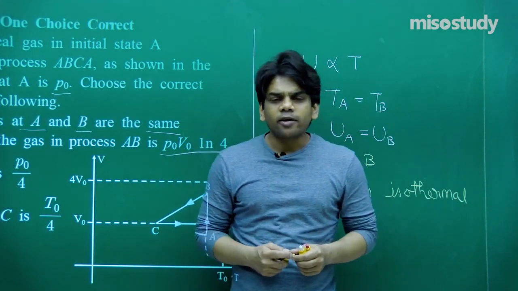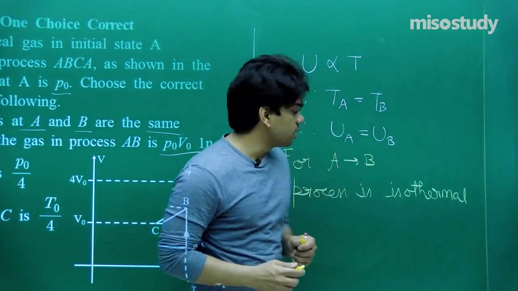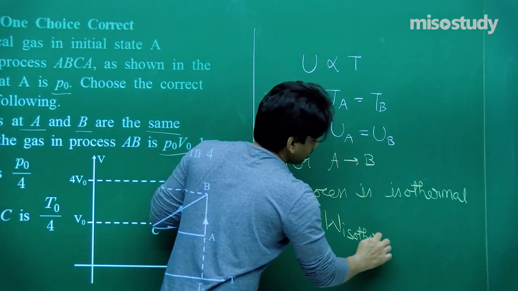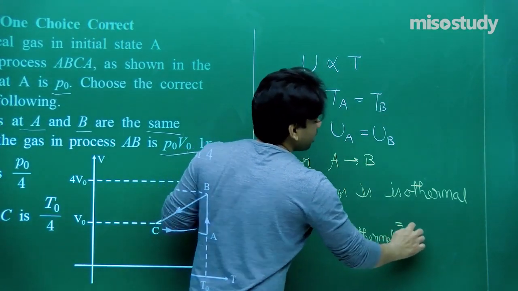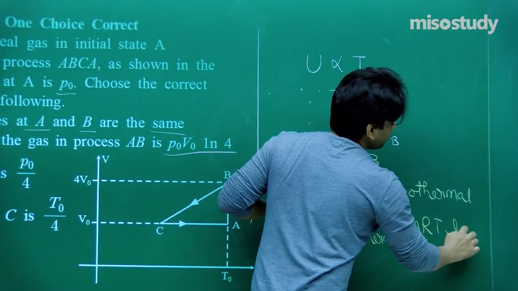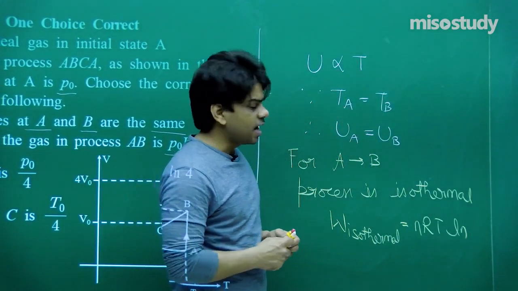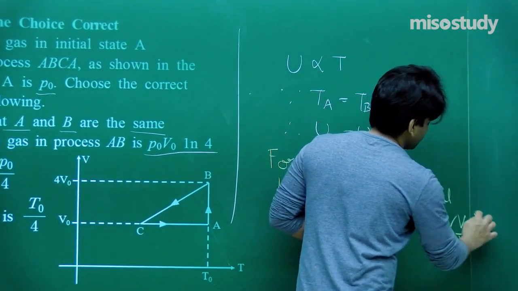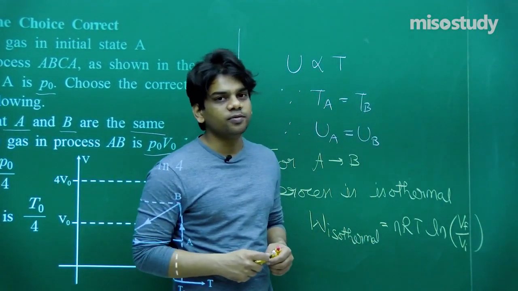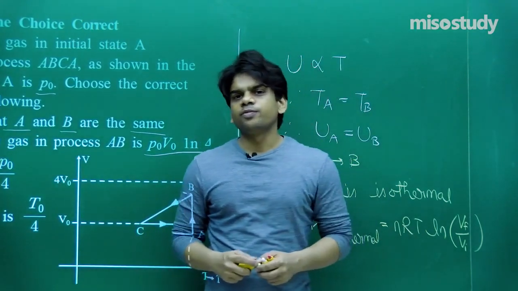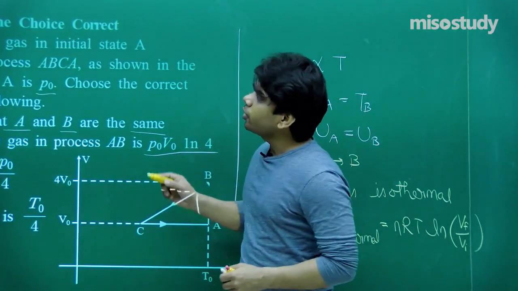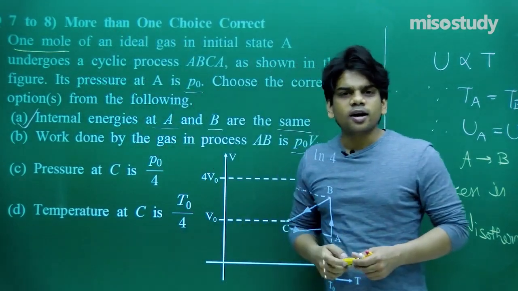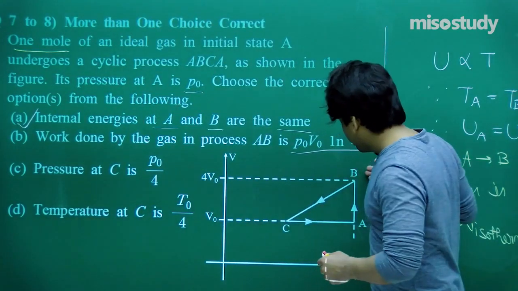If it is isothermal, I have told you how to evaluate the work done. The work done in an isothermal process is nRT ln of final volume divided by initial volume. Now here it's 1 mole of an ideal gas, so n will be 1, R as it is, temperature T will be T0.